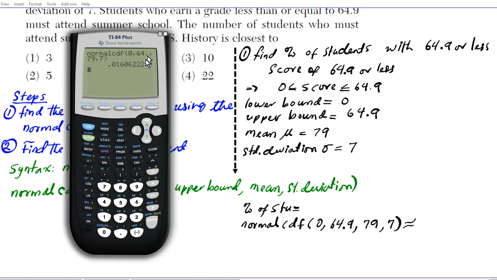Okay, oh, I didn't put in the 9. Let me do that again. So I need to insert a 9 after the 64. So 64.9. So let me insert the 9 there. Okay. All right, so there goes your percentage. So it's approximately 0.022.